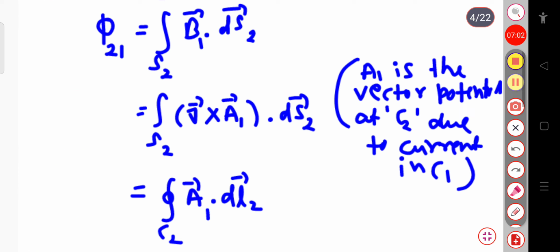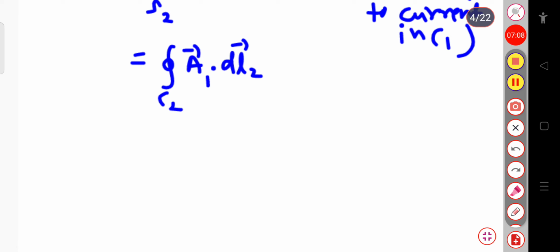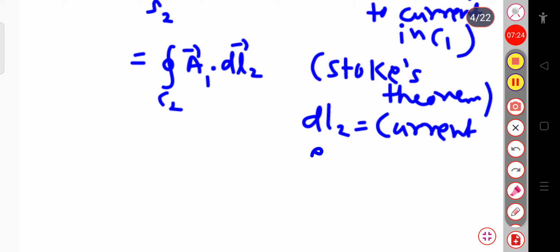So we represent phi 1 equal to A1 dot dl2 by applying Stokes theorem, and dl2 is the current element of the coil C2.